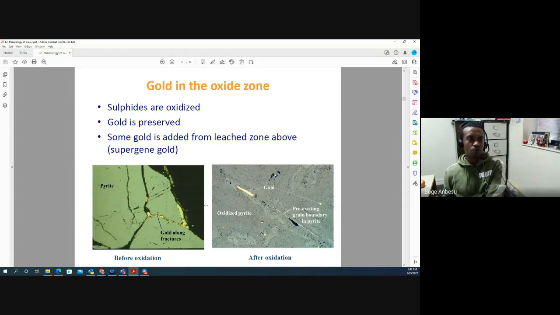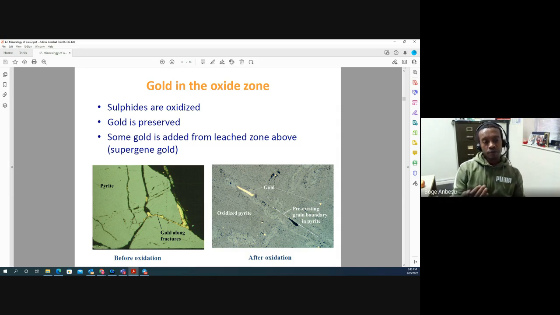So to be able to observe this, you're looking at a coarse-grained deposit with free gold locked within the pyrite itself. In that oxide zone, the pyrite has undergone oxidation or weathering, and therefore the gold has been exposed.